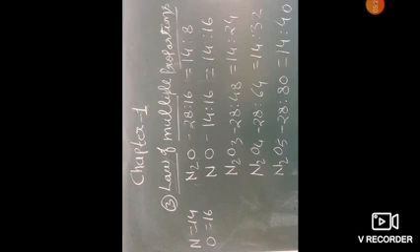The masses of oxygen which combine with the fixed mass of nitrogen, always taken as 14 gram, change, as you can see in this picture, but they are in a simple ratio. How is it a simple ratio? 8 into 2 is 16, 24, 32, with nitrogen at 14, and it gets the simplest form.